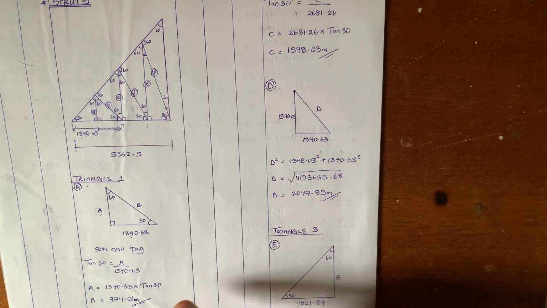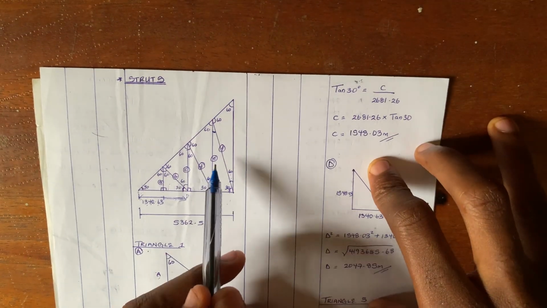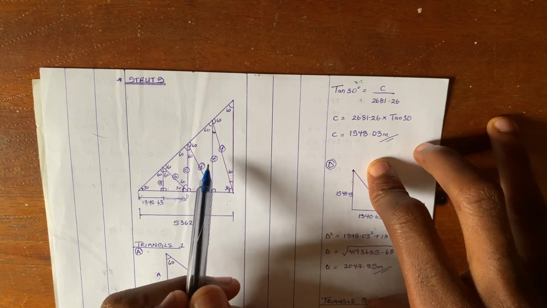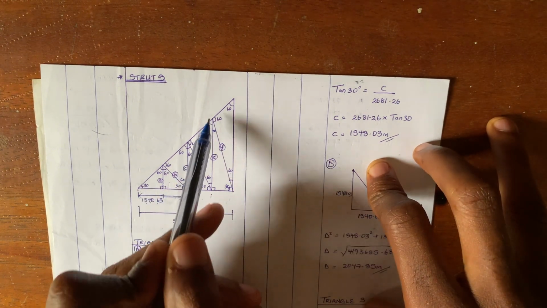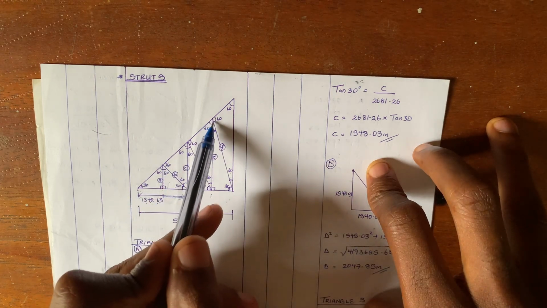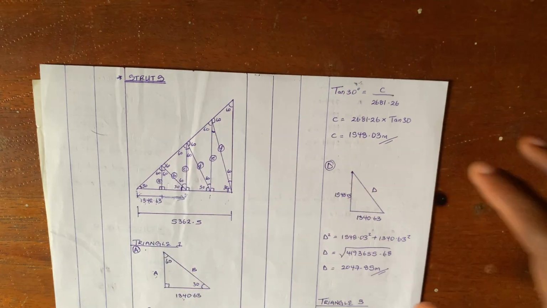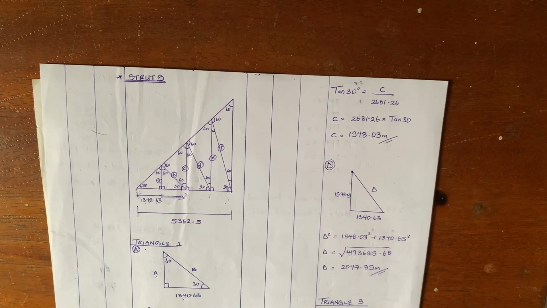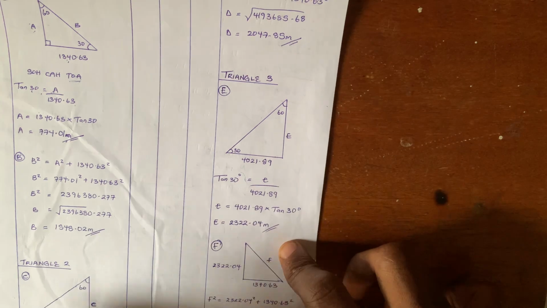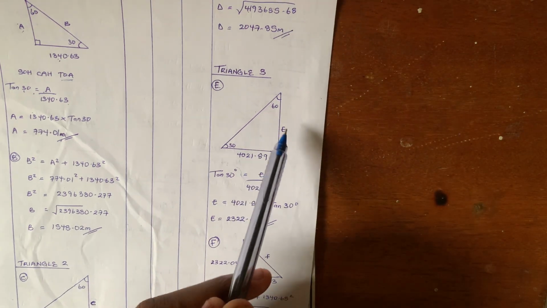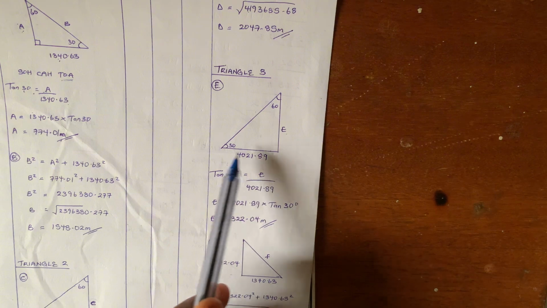So now, to find E, what can we do? This is our E. So we'll take this whole triangle here to find our E, and that is what I have brought here. So this is E. We need to find from here to here.